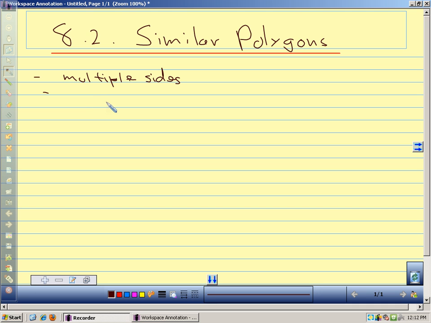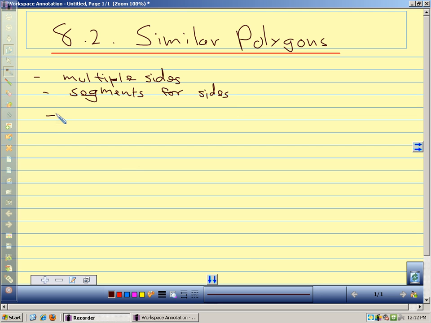Lines or parts of lines? Segments, there we go. Portions of lines, so segments. So poly just means many. So it's a many-sided shape, and our sides are segments.